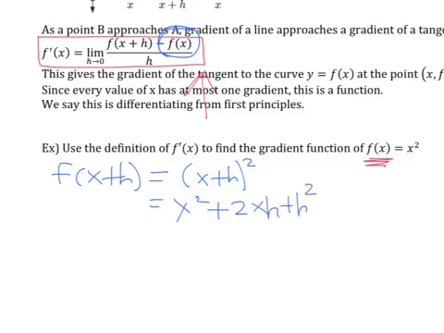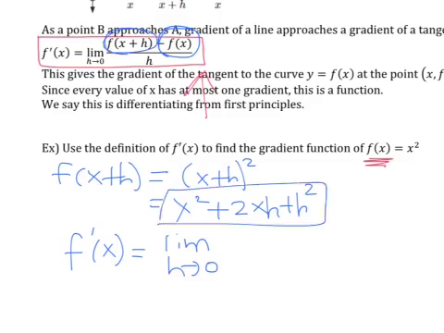So we're almost there. Let's find the derivative of the function, which is the limit as h goes to 0 of f of x plus h, right here, this is what we just found. So we're going to write x squared plus 2xh plus h squared minus f of x, which is just x squared.